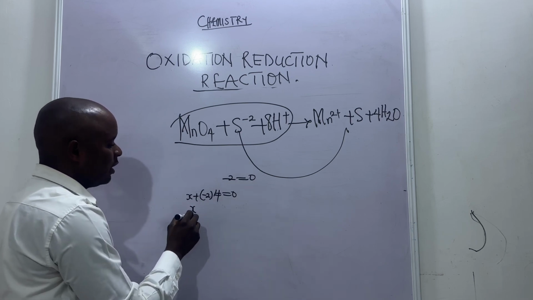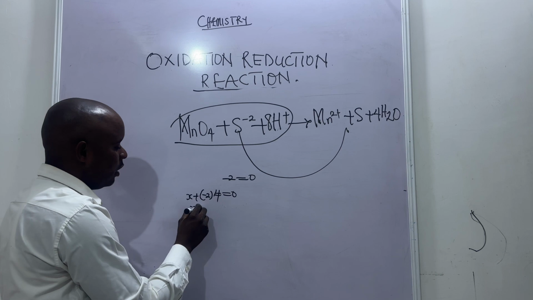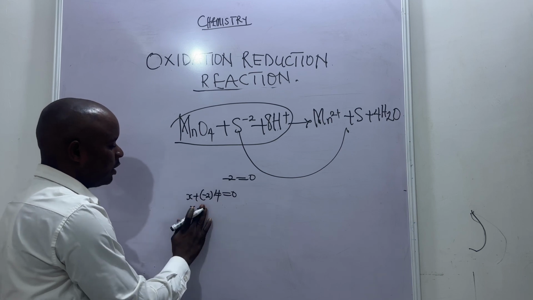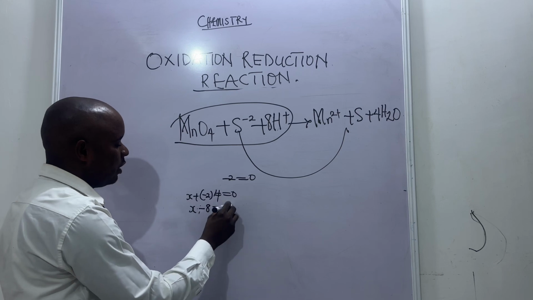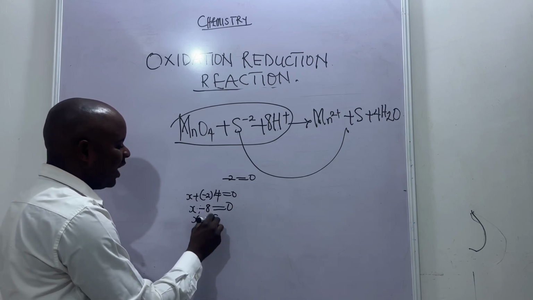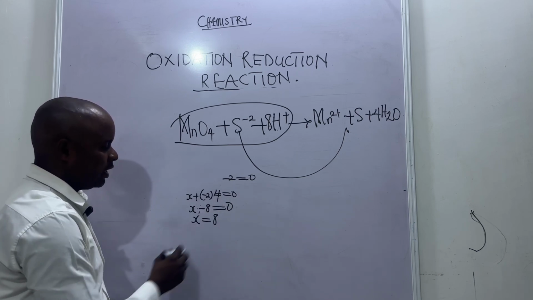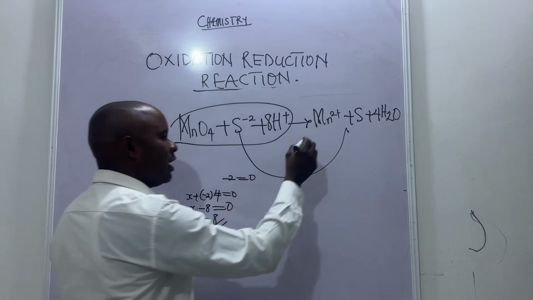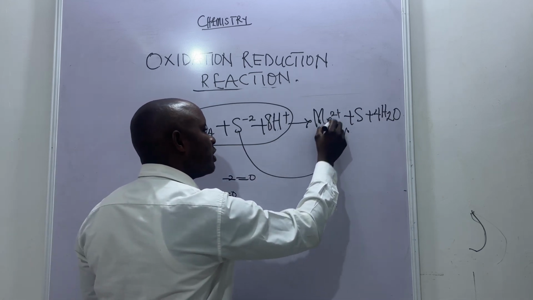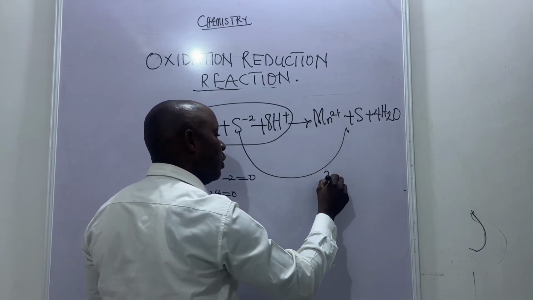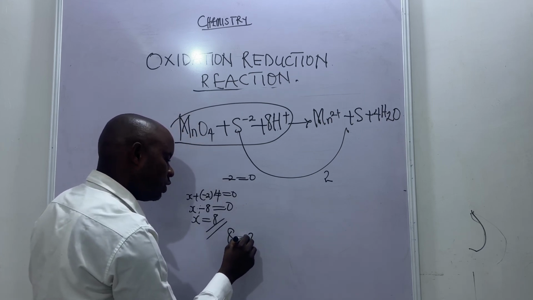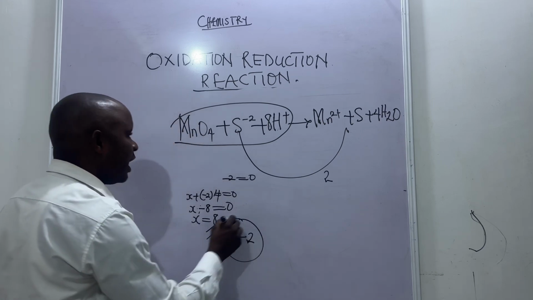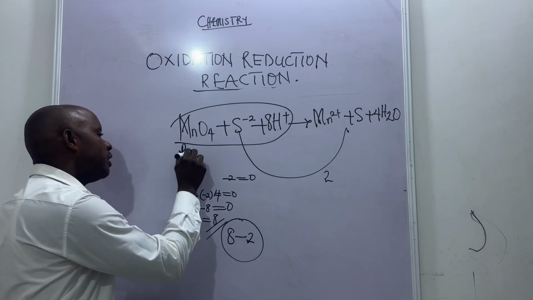Here x plus negative 8, since negative 2 times 4 is negative 8, equals 0. So x equals 8. But if you check here, the oxidation state of manganese is 2. So it moved from 8 to 2. By so doing, this aspect of it got reduced.